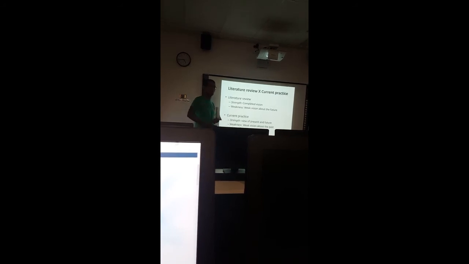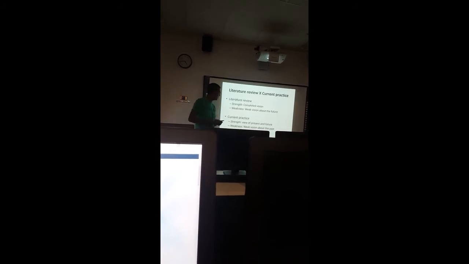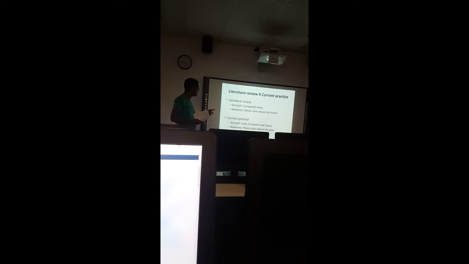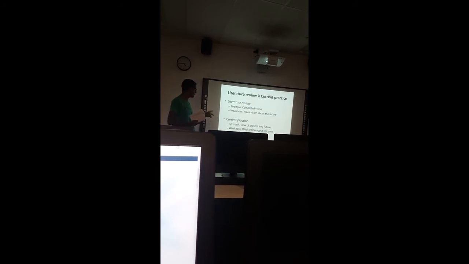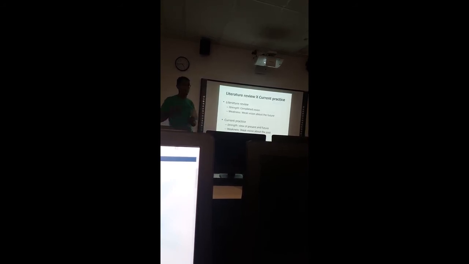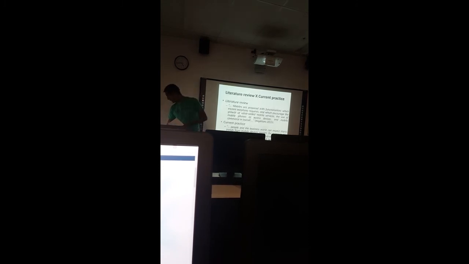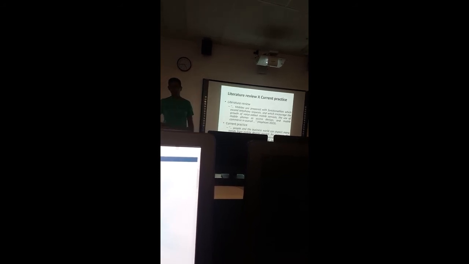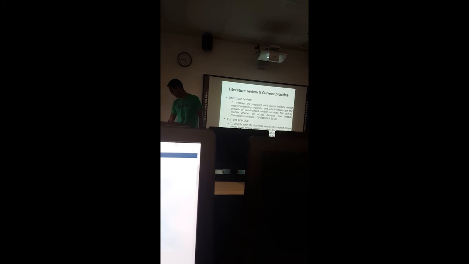In my literature review, I couldn't find a strong vision about the future. On the other hand, my current practice has a strong view of the present and future, but a weak vision about the past. So in my current practice, I have this gap. I don't have time, but I'd like to compare some quotes that I found, but I don't have time to do it now. Sorry.